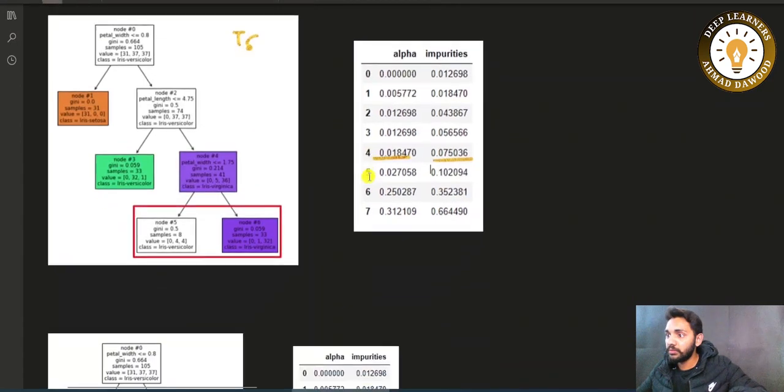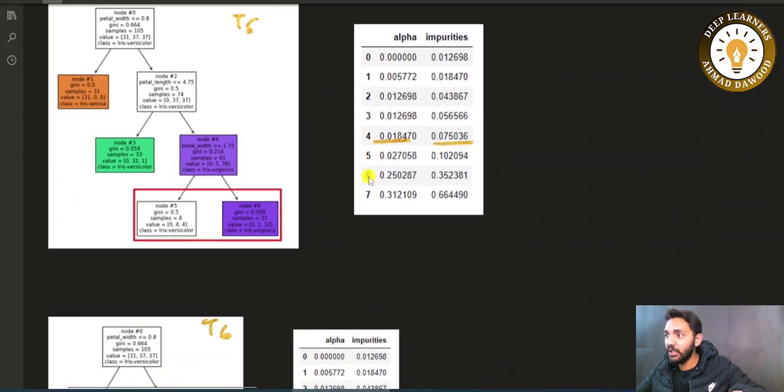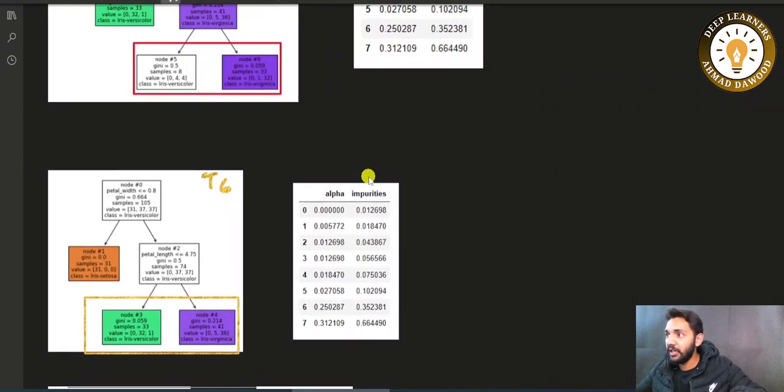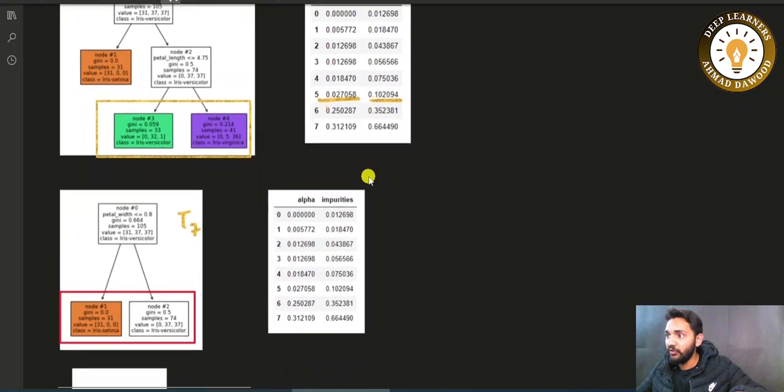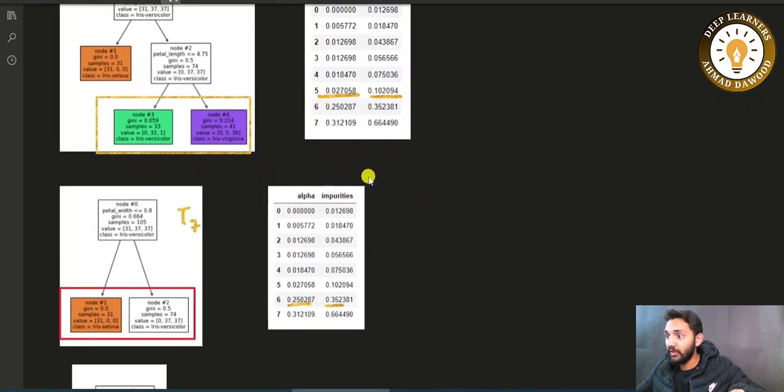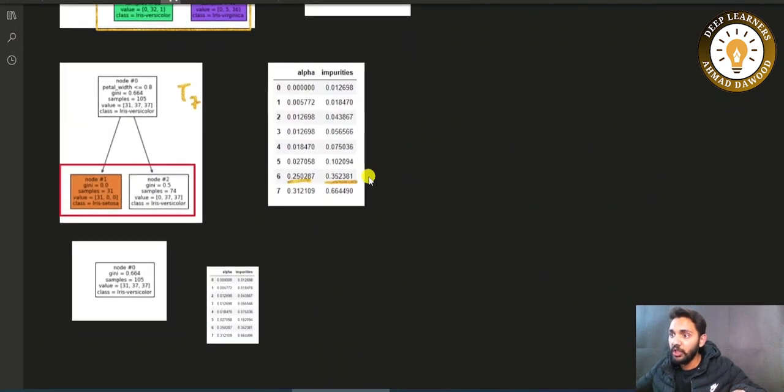Again prune, you will get another tree T6, and this will have this alpha value and this impurity. Again prune, you will get another tree which will have this alpha value and this impurity. Again prune, you will get another tree which has this alpha value and this impurity.